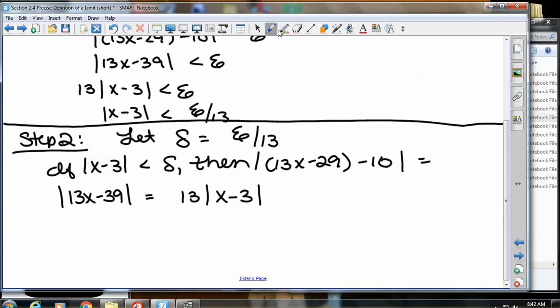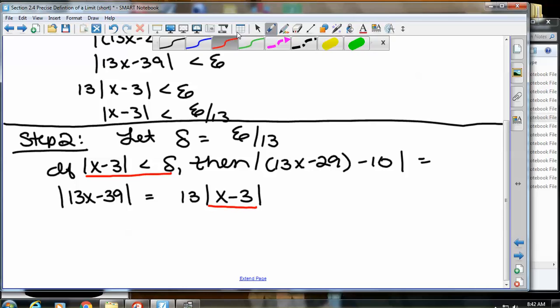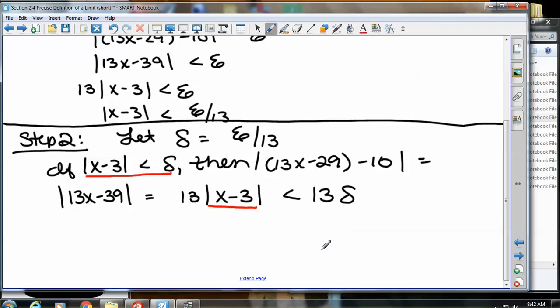Okay. Right here, I have the absolute value of x minus 3. But I've already said the absolute value of x minus 3 is smaller than delta. So this has to be less than 13 delta. So right now, I've got my less than. All we need to finish is our epsilon.